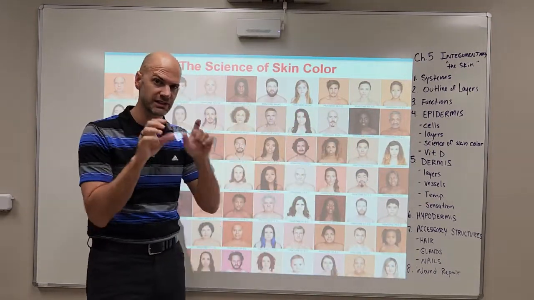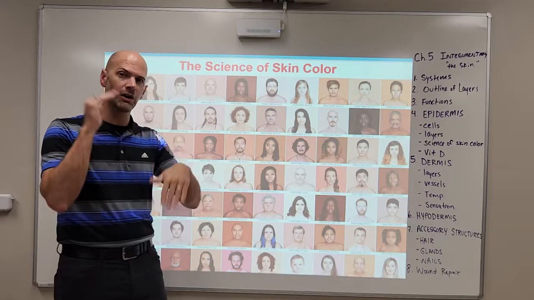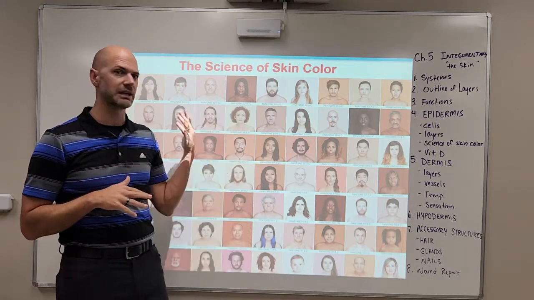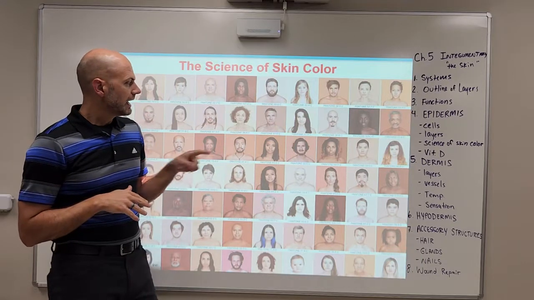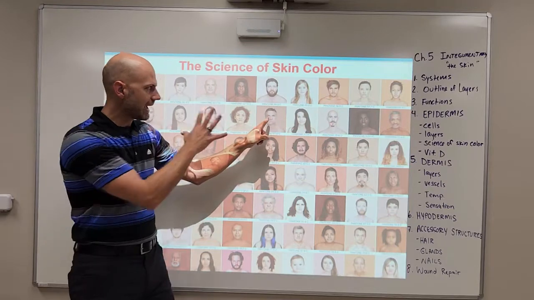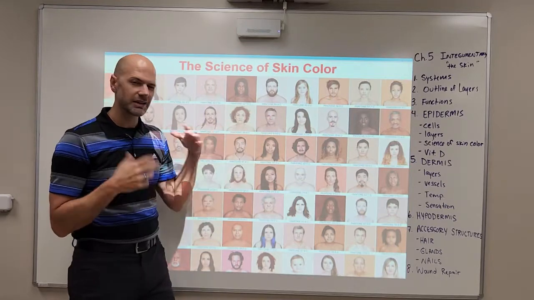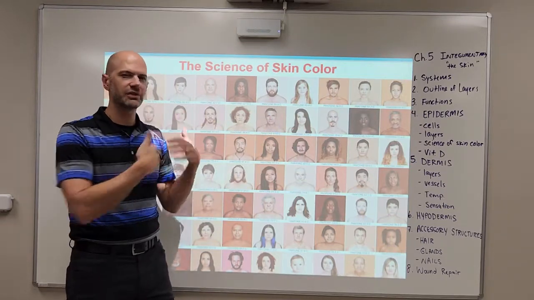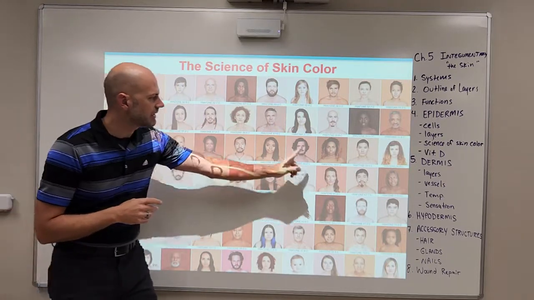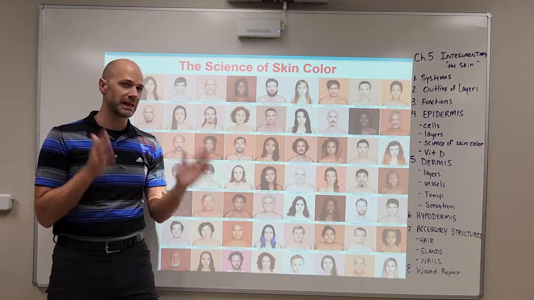Each color has a specific number, all the shades of red and blue and purple and orange and brown and tan and beige. For each of these individuals, they took an average of their skin tone and assigned them a certain skin color. It was just for an art project, but you can notice that there's a high degree of variability. It's not just black and white.